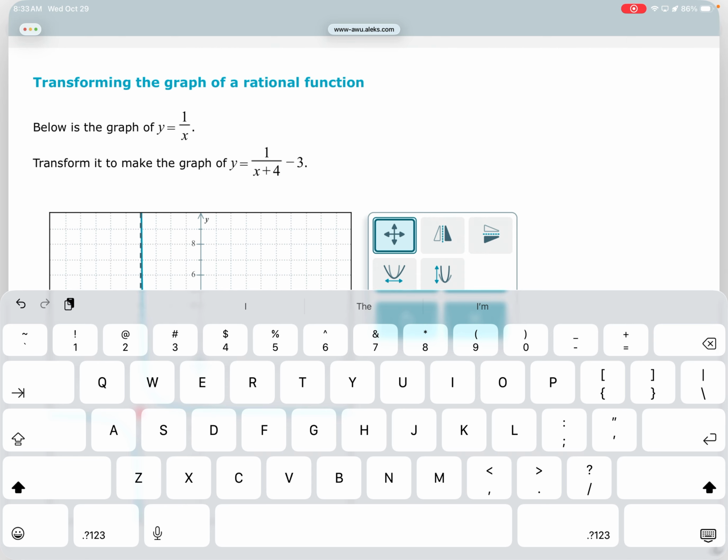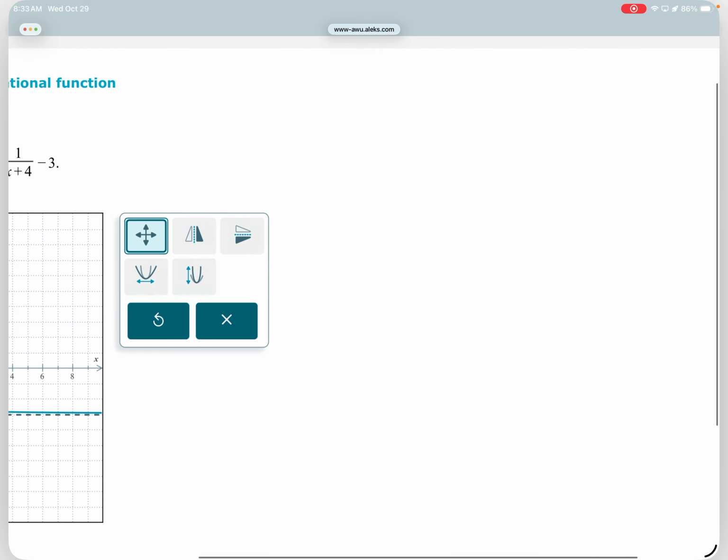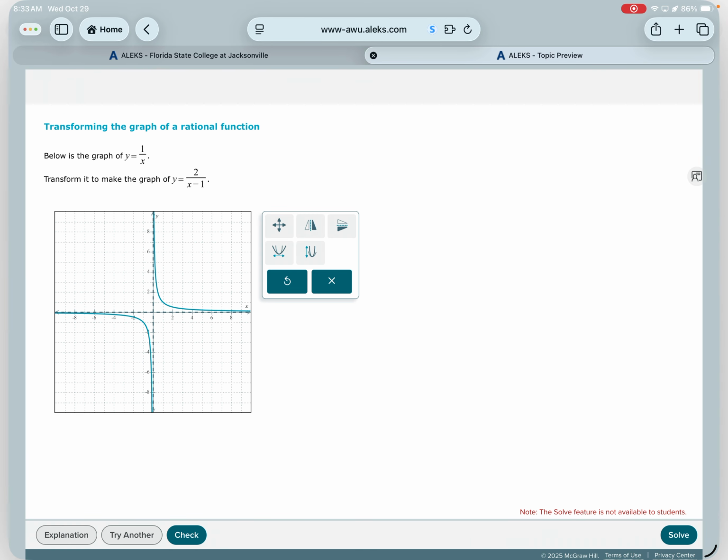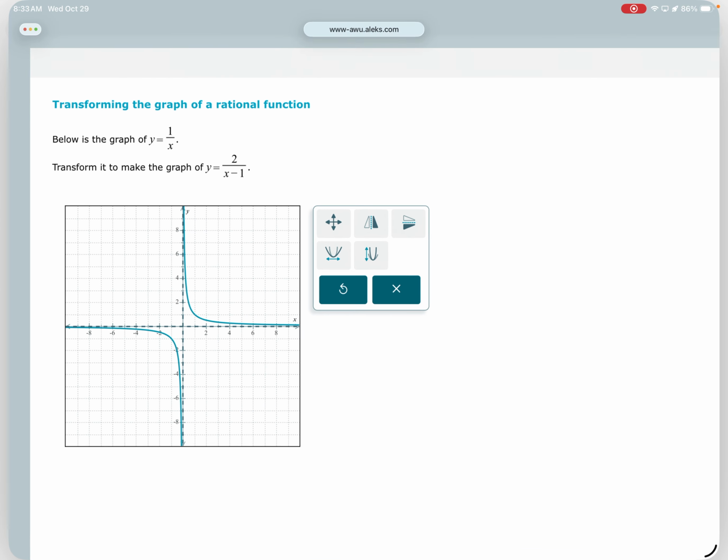I'll refresh a couple more to see if it gets any trickier, but I don't think it does. Done that one, done that one. Oh, it does have a 2 on top.